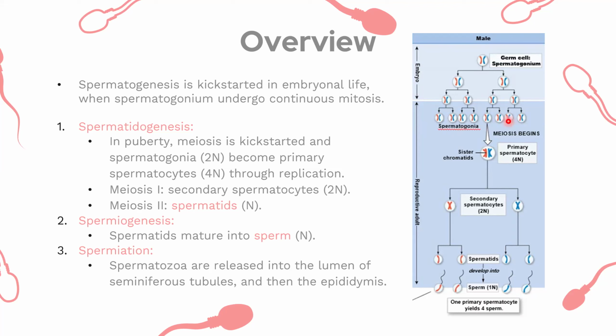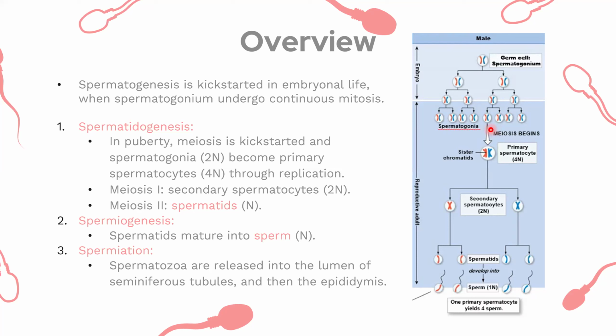These spermatogonia are identical to the mother cell and they are diploid, so 2N. In puberty or in reproductive years, these spermatogonia are going to actually be thrusted into the spermatogenesis, where meiosis begins.